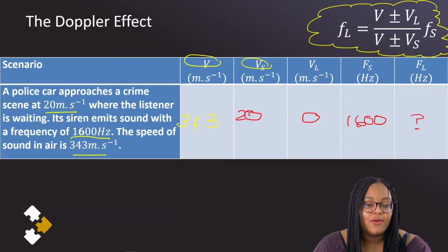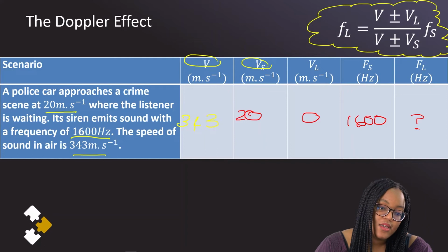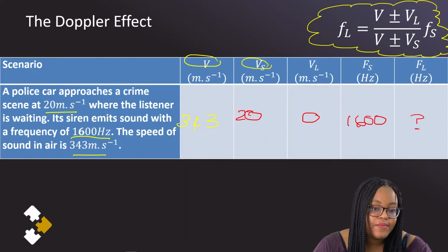Now we know that this police car is approaching the scene at 20 meters per second. What does that imply? It means that the frequency of the sound waves being experienced by the listener is going to be greater than the frequency of the sound waves emitted by the source. How will we account for this in our formula?